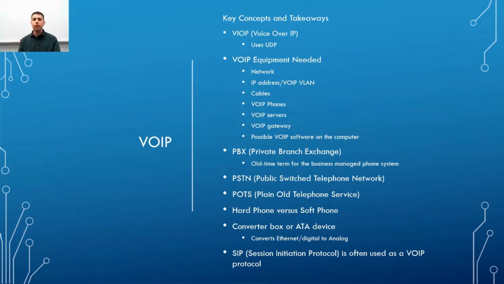UDP doesn't care, it just shotgun blasts those packets out, and whatever the receiver gets, the receiver gets. And that's how voice over IP is transmitted. It's not super critical. If some of the packets are lost and you hear a little bit of distortion over the line, or somebody kind of garbles out for a second, you just ask them to repeat what they said.